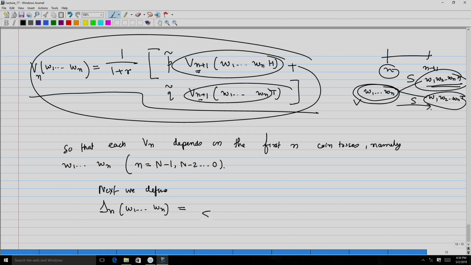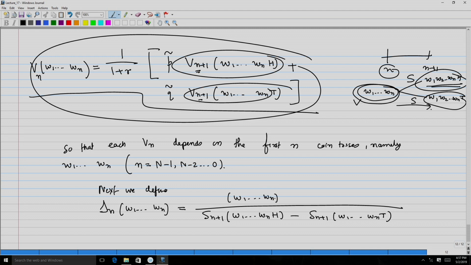So, this can be written as S n plus 1 of omega 1 all the way to omega n into head, minus S n plus 1 of omega 1 all the way to omega n into tail, and the numerator is going to be exactly the same thing, that is omega 1 through omega n head and tail, but the valuation for V n plus 1.